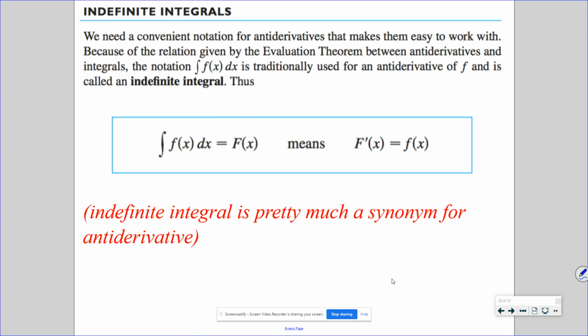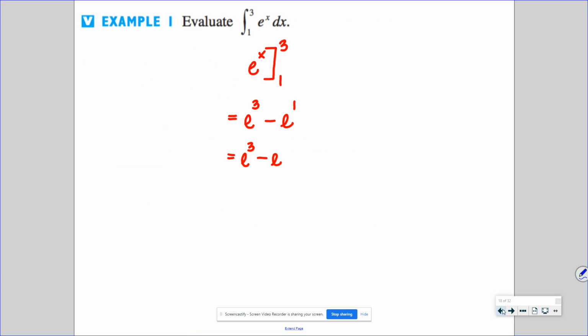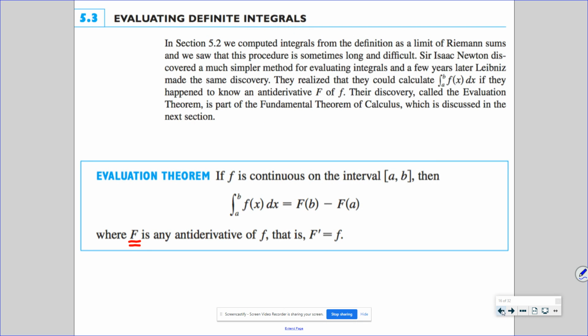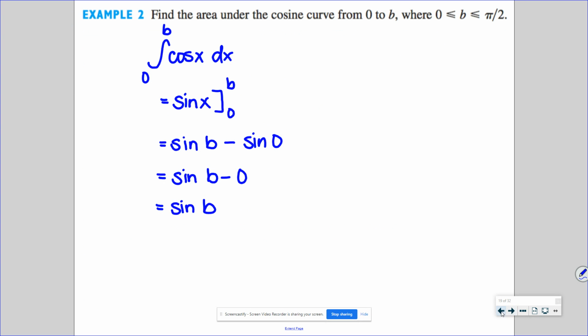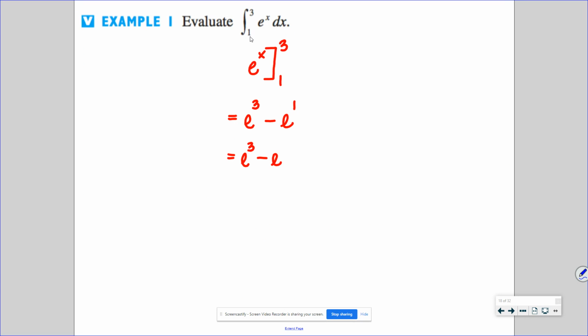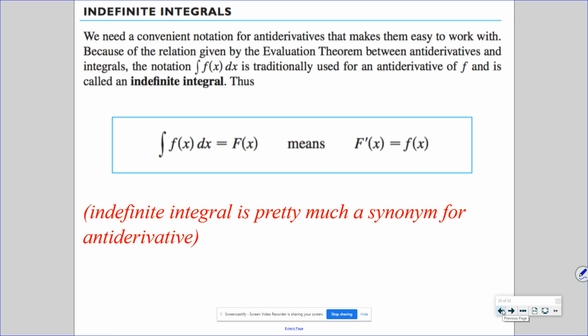Okay, what we just did in the last 2 examples was evaluate something called a definite integral. It's called a definite integral because there was an interval given, telling you where to begin and where to end. An indefinite integral is one where no interval is given. So it's basically asking you to find the area under the curve as an equation rather than a number.